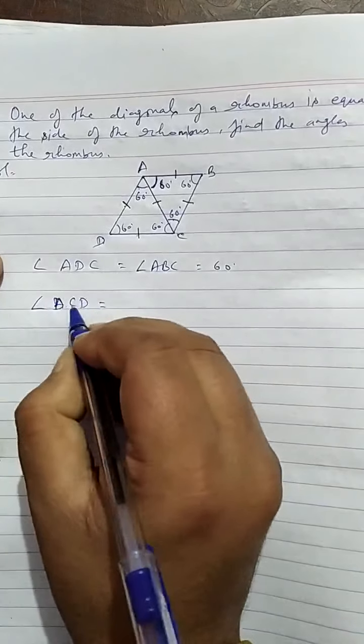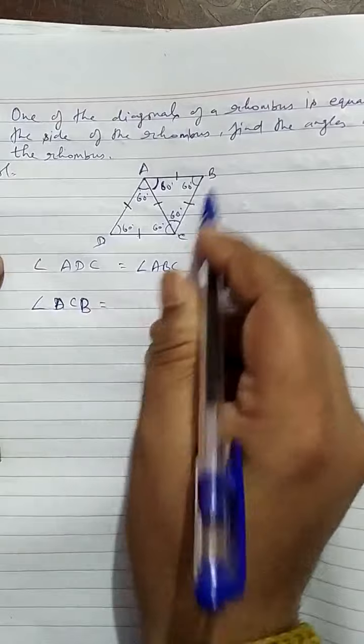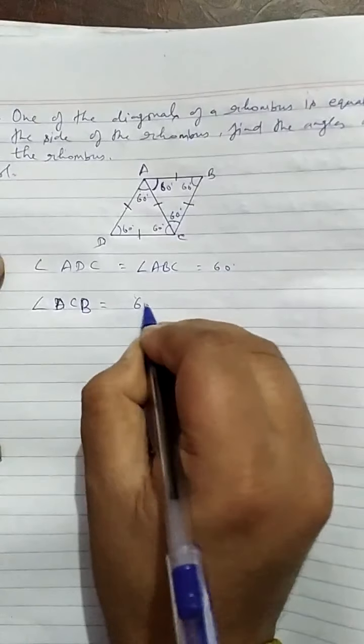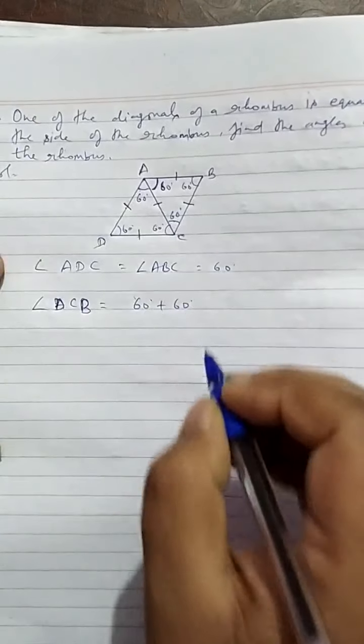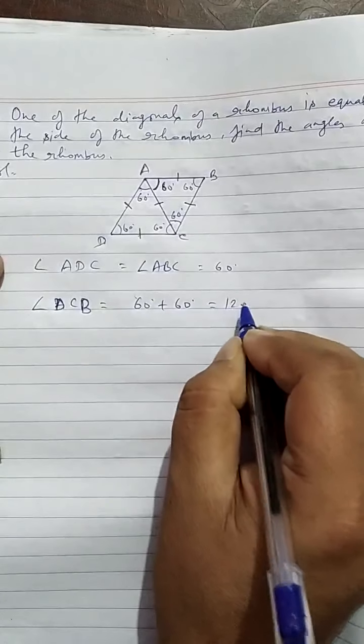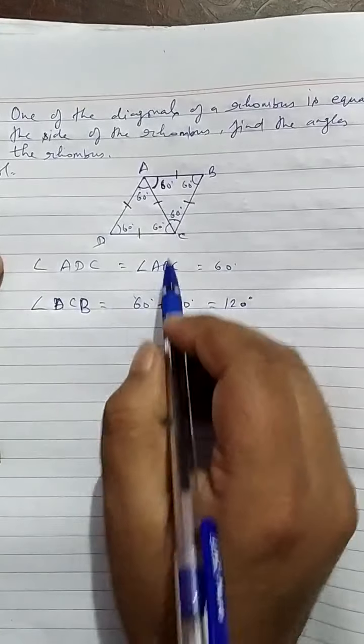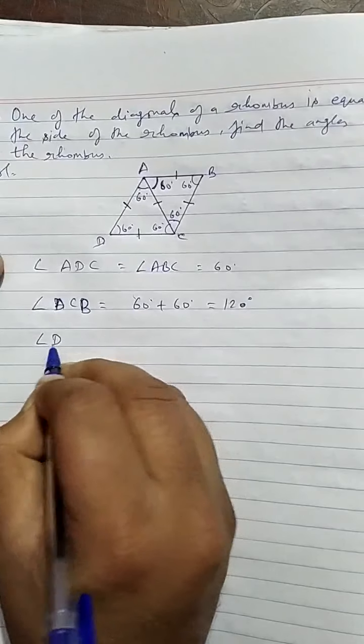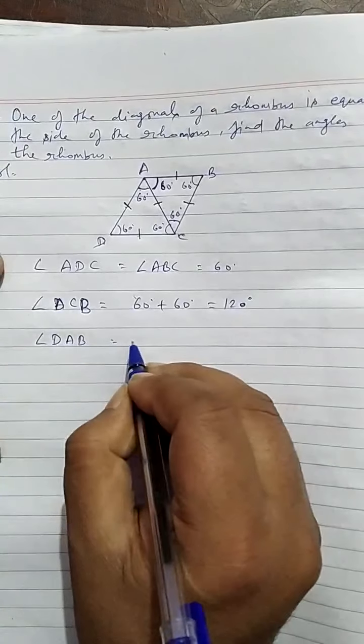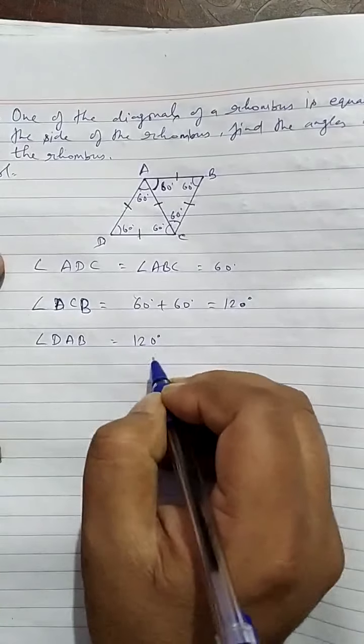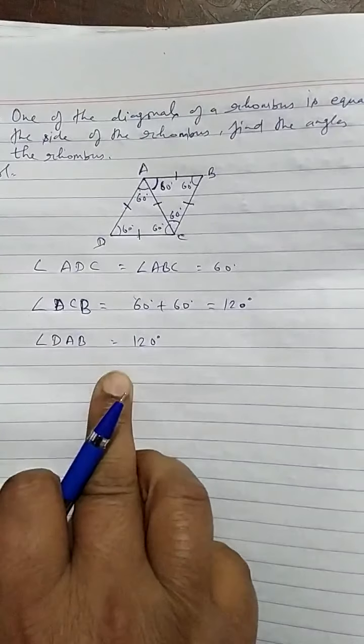DCB equals 60 degrees plus 60 degrees, that is 120 degrees, and similarly angle DAB equals 120 degrees. This is the solution.